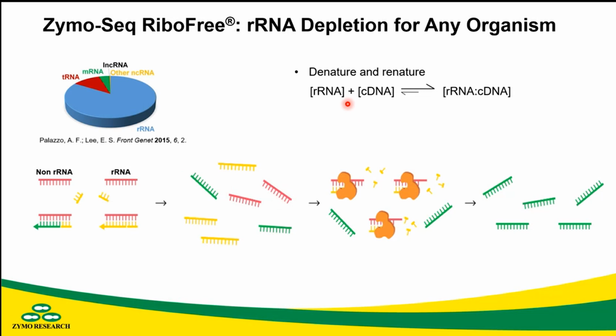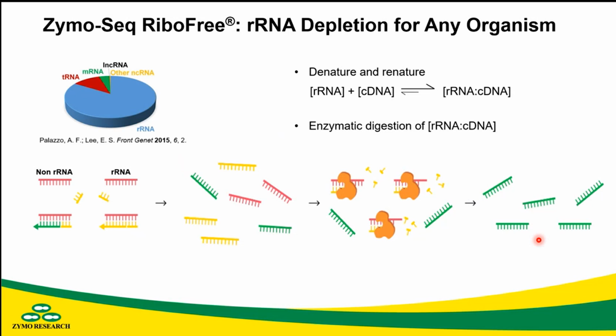During this process, because rRNAs are so overly abundant, paired with the cDNA coming from them, these two much more easily push this equilibrium to the right side for the duplex to form. And once the duplex forms, enzymatic digestion kicks in to remove the cDNA from the rRNA, but leaves the cDNA from other types of RNA molecules remaining in the reaction, ready for the subsequent steps in the library prep procedure.